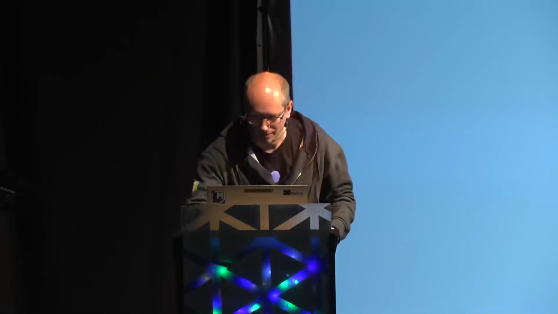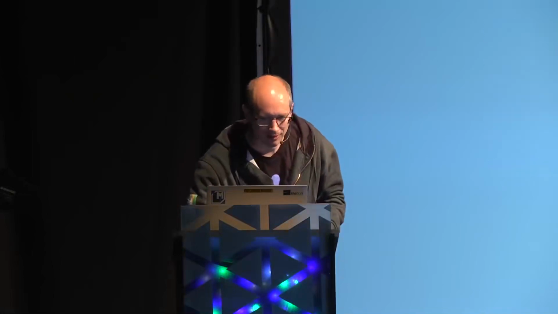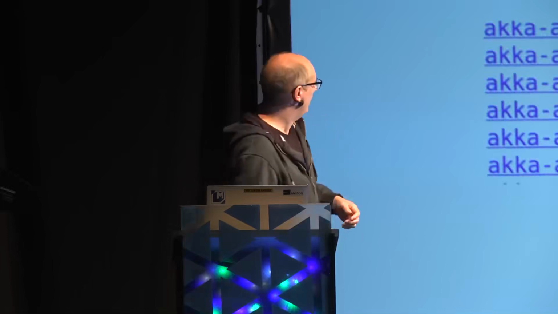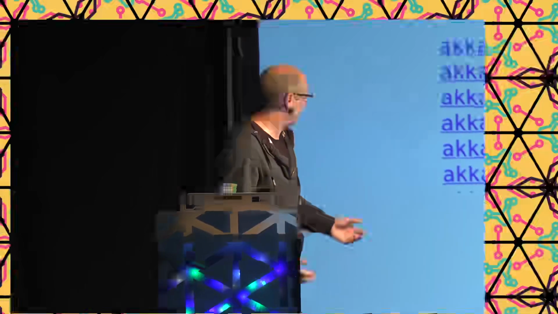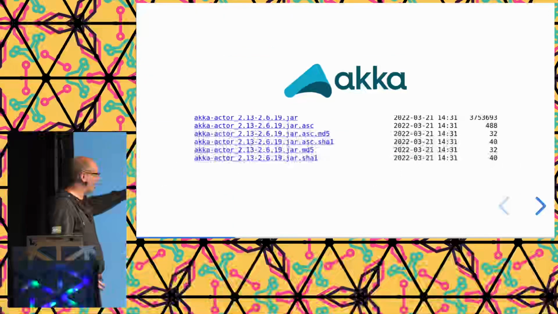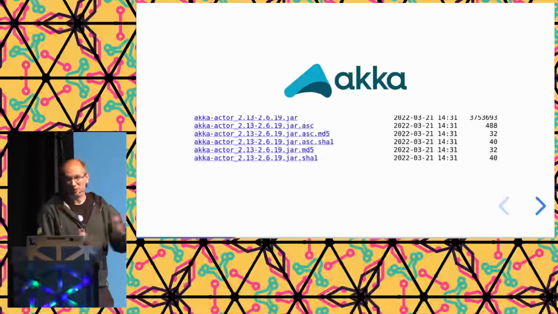Because that's what people do in the Maven ecosystem. Let me go back to that slide again. Yeah, there it was. Basically, that's not really part of the reproducible build story.